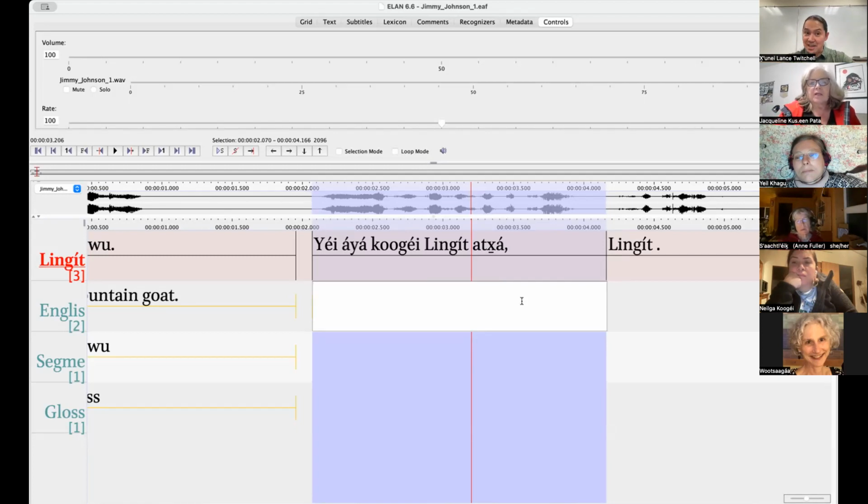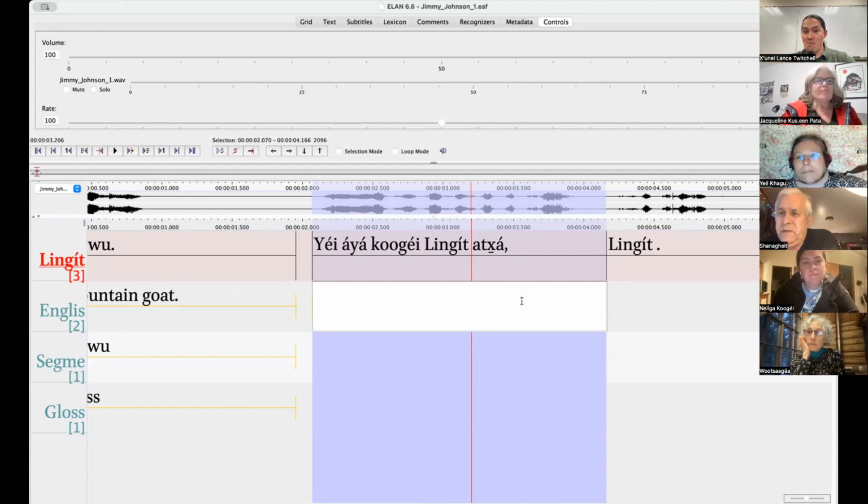I would translate that last part, or how do you folks think you would translate that last part? It's a little tricky because it's a list of names and then it's a verbal statement. It's a big Tlingit food.